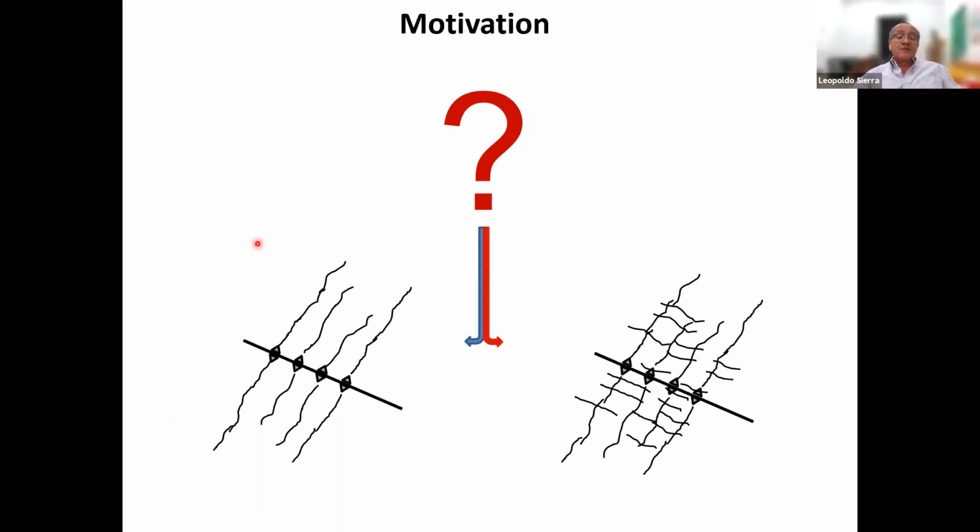So if I show you this type of fracture geometry, this is the wellbore and the perforation clusters are these black symbols here, and these are the fractures. If I show you this type of fracture in an unconventional reservoir and also this one, I think everybody is going to easily answer that they prefer this type of complex fracture geometry over the conventional one.